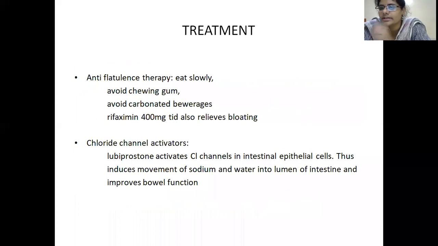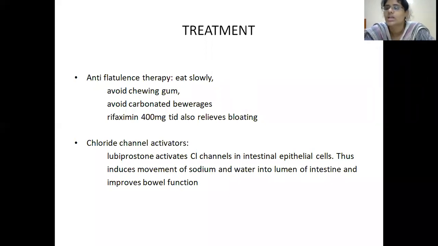Another important symptom the patient will complain of is flatulence. What advice can you give this patient? Advise the patient to chew slowly, eat slowly, avoid chewing gum, and avoid carbonated drinks. An antibiotic like rifaximin 400 mg TID will also help relieve bloating.